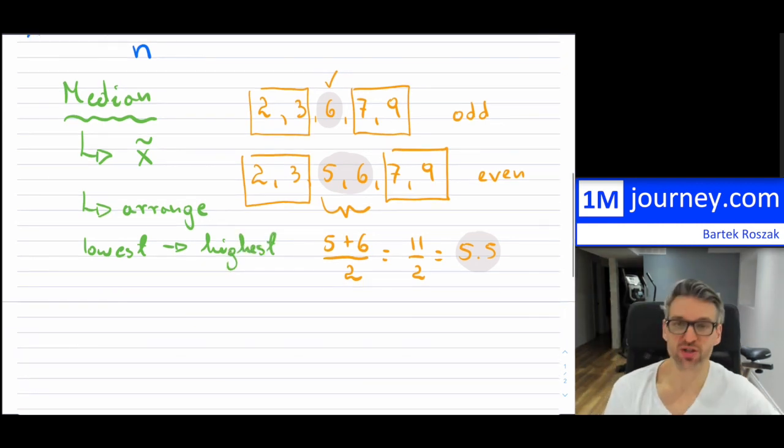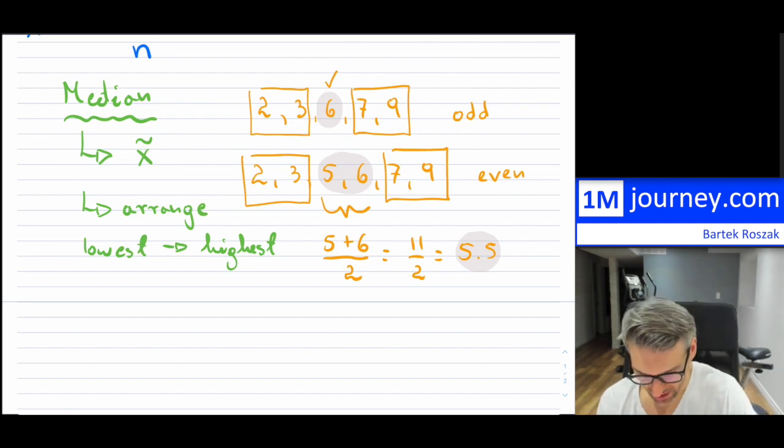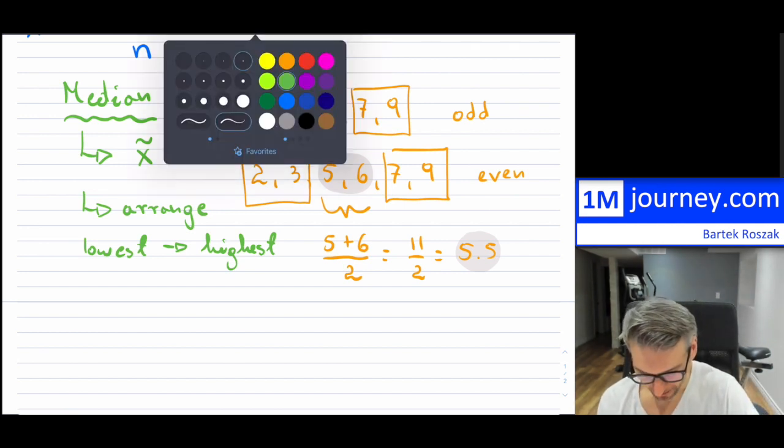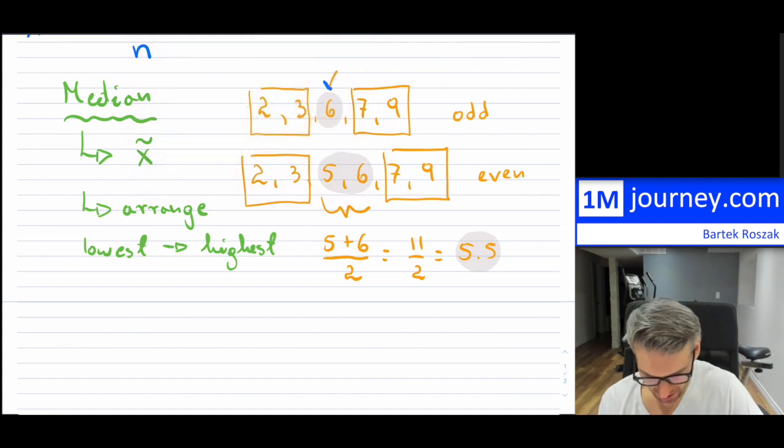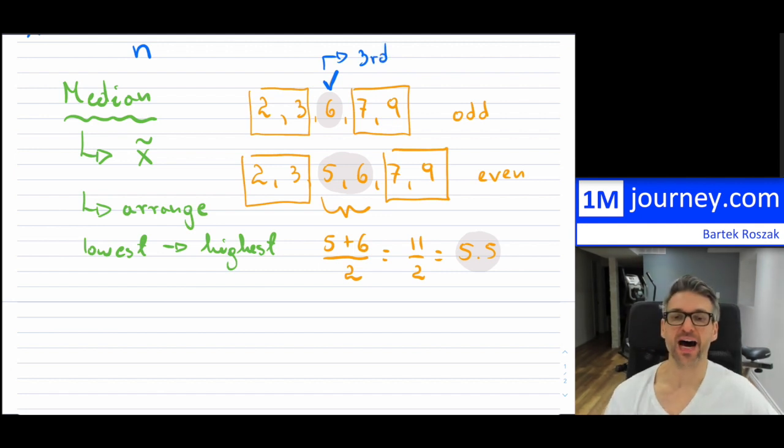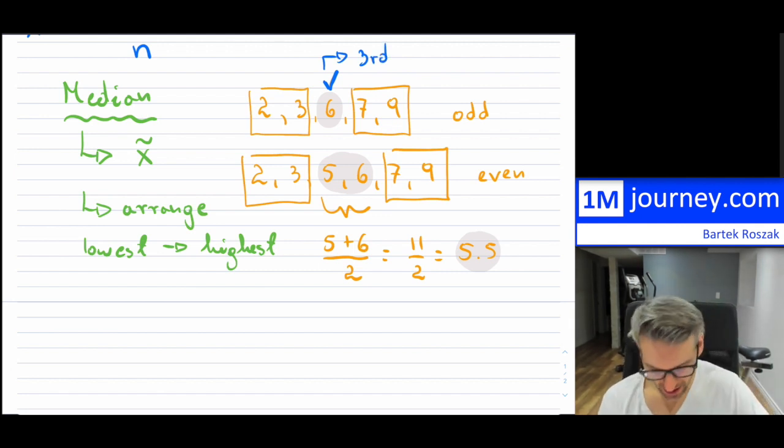Now the position, if you want to know what the position actually is, notice that here this 6 was the 3rd data point. Here the position was the third and the fourth data point.